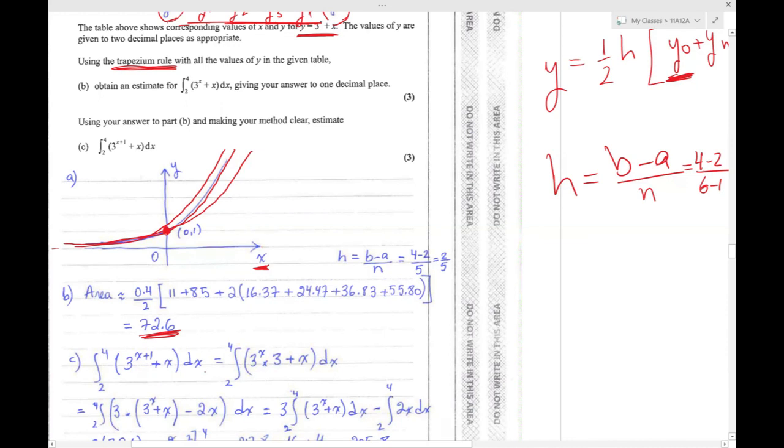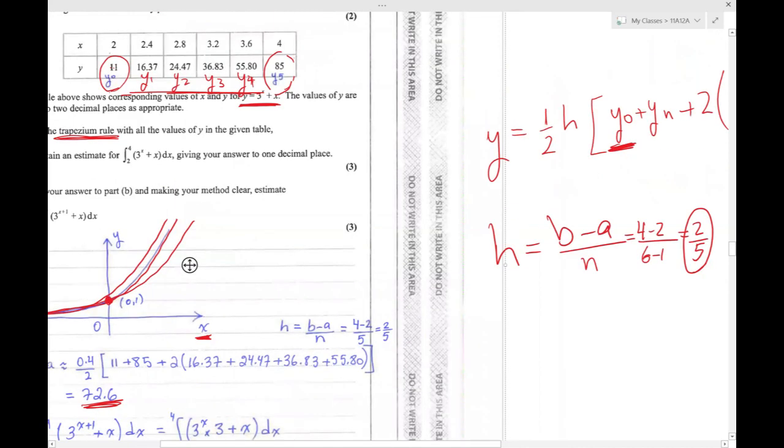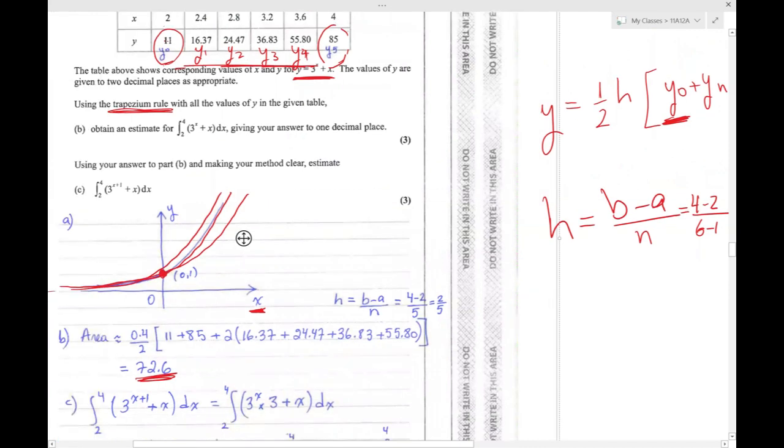Any question for this step? Miss, I have a question. Yes. Miss, I used a different formula from one of the videos you sent on Telegram, which is the width of the strip divided by 2 times the first height plus 2 times the sum of the middle heights plus the last height. It's the same. Addition is commutative, so if you put it there, it's still the same.